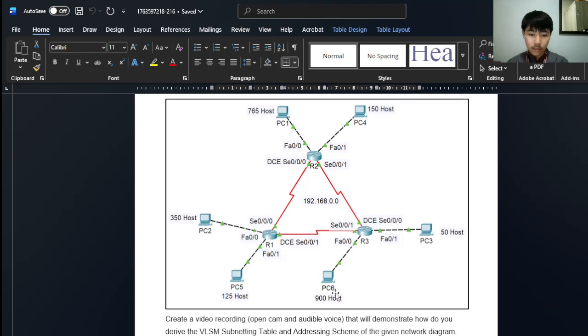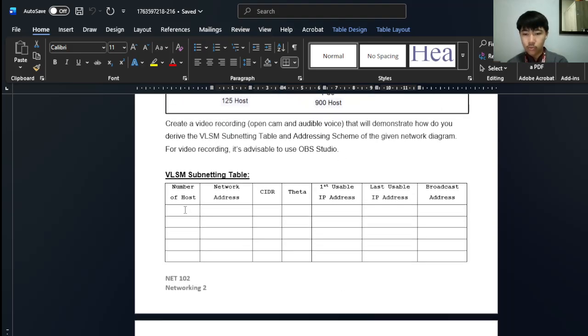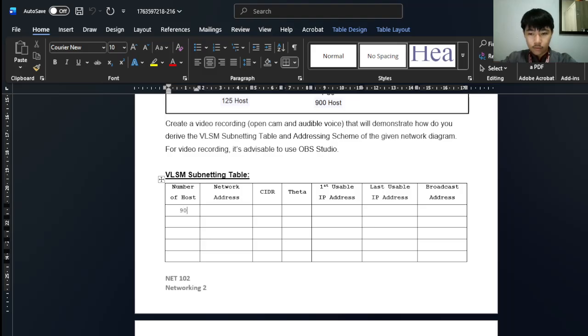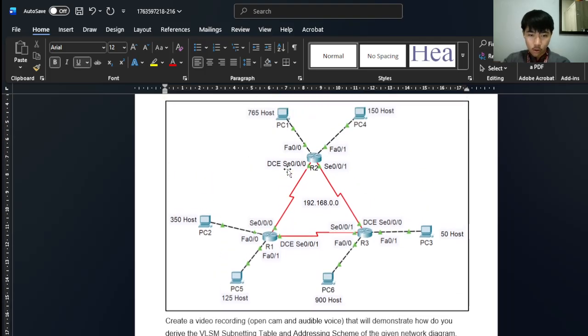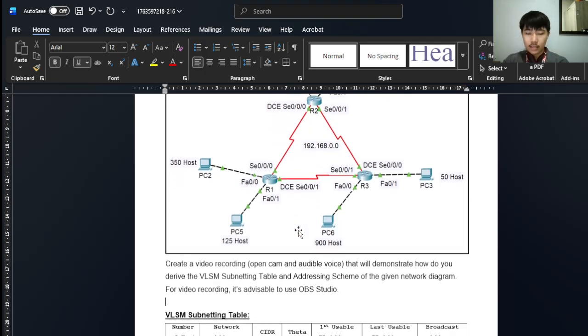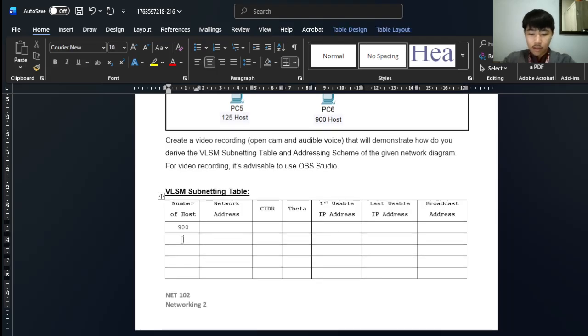The largest is 900 hosts, and the second one is 765 hosts.